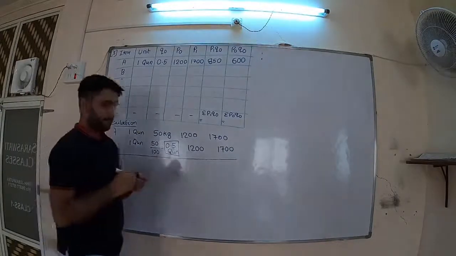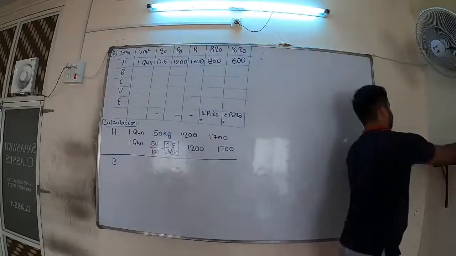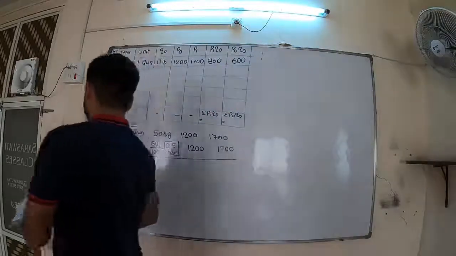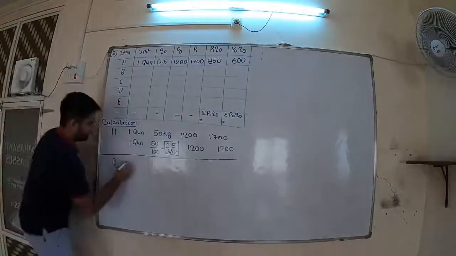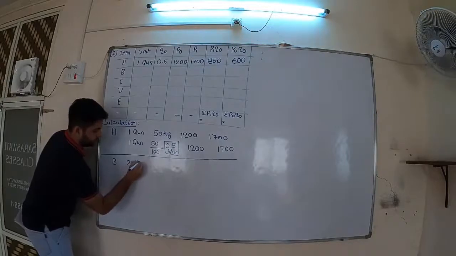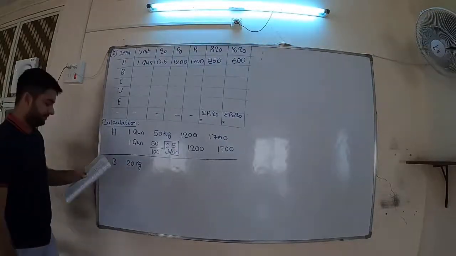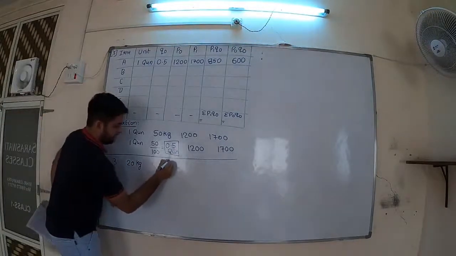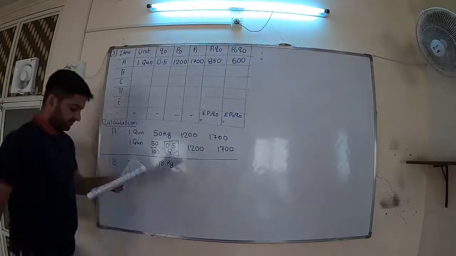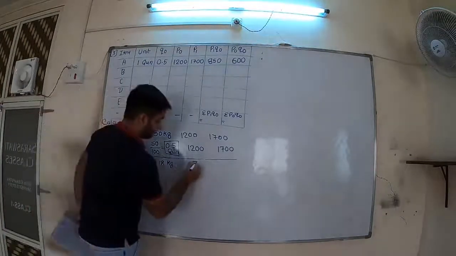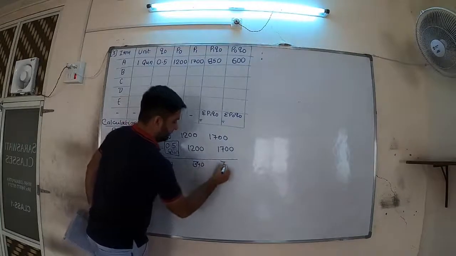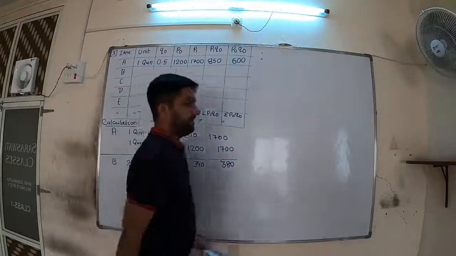Now item B. Item B has 20 kg, 18 kg, 340, 380.